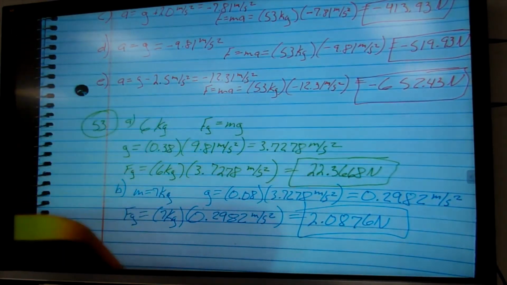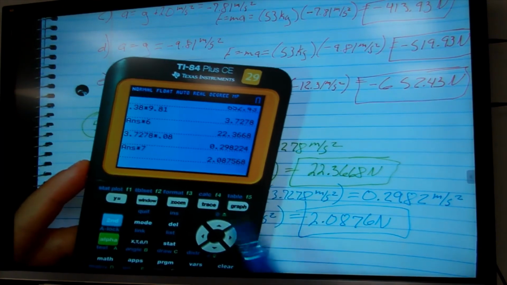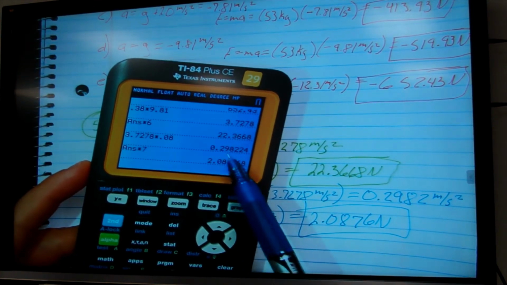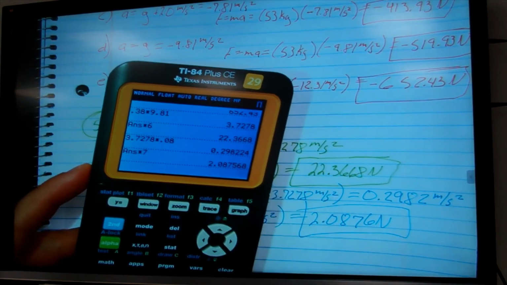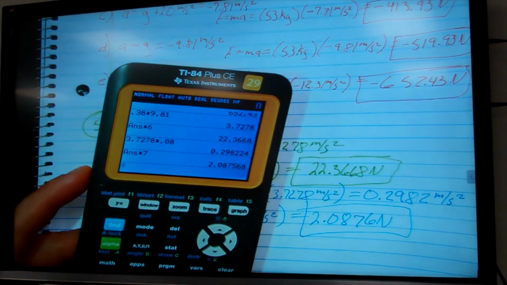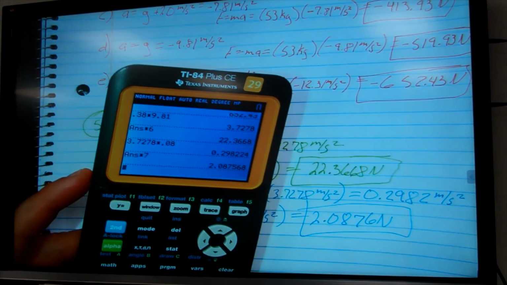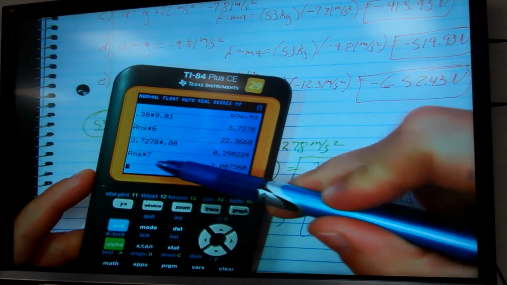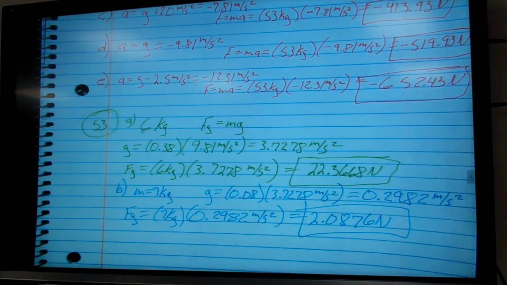You got something a little different because in my calculator I left the whole thing in, the 0.298224. I just used that answer times 7. Yeah, there we go.